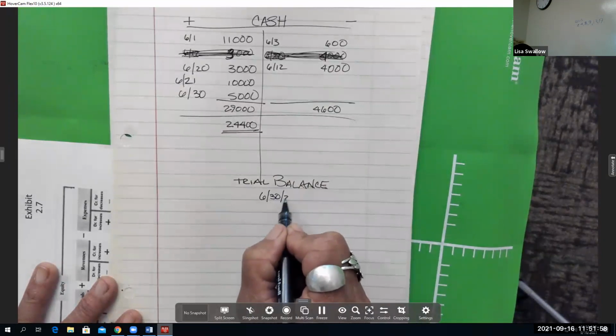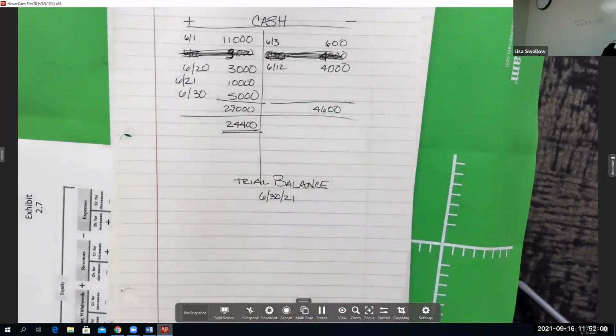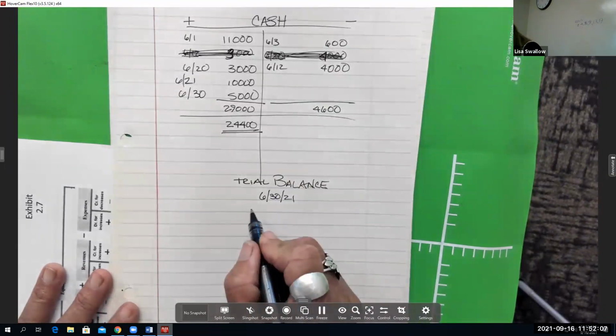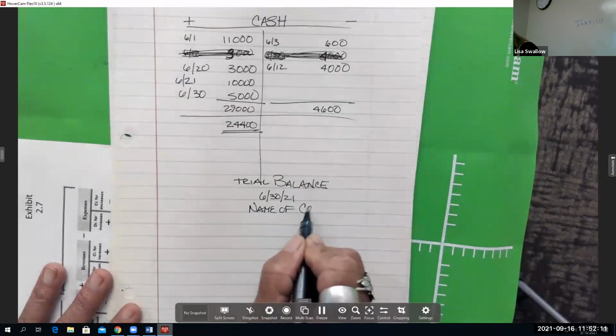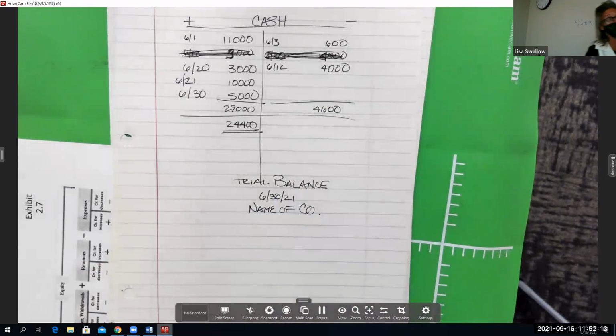If we were posting to everything, we would have done that, but I said just post to cash. Tyler? If you run into a negative balance, if I had a negative balance in cash, I would just have the balance over on the credit side. And you would be able to look at that and be like, wow, they're overdrawn. Same thing with the other liability and capital. You're not going to ever have negative balances in them.